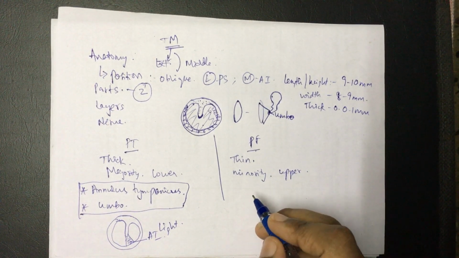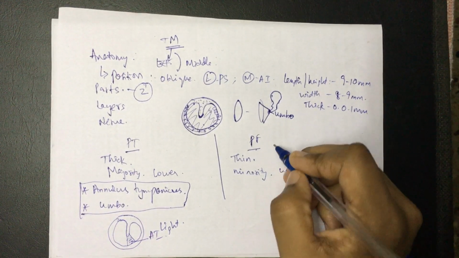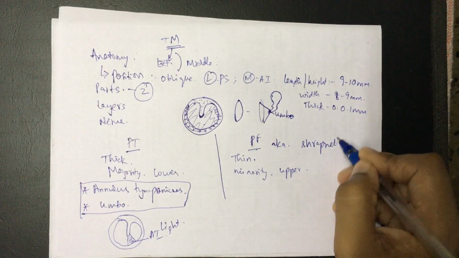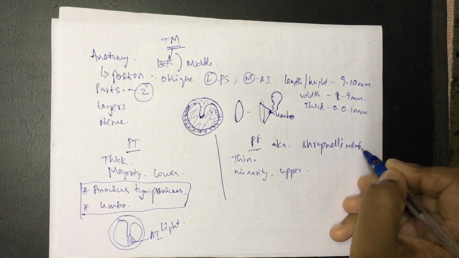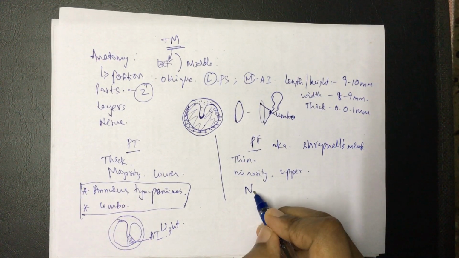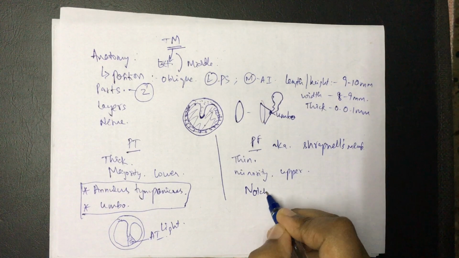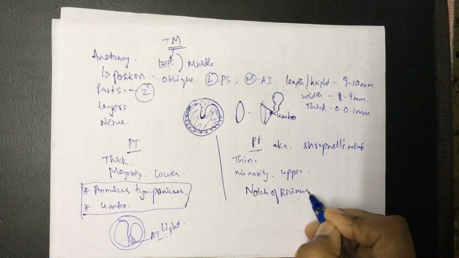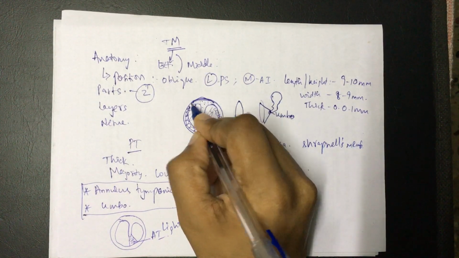And then let's see a few more points about the pars flaccida. Pars flaccida has a special name. It's called Shrapnell's membrane. And it's going to be present on the notch of Rivinus, which is basically over here.